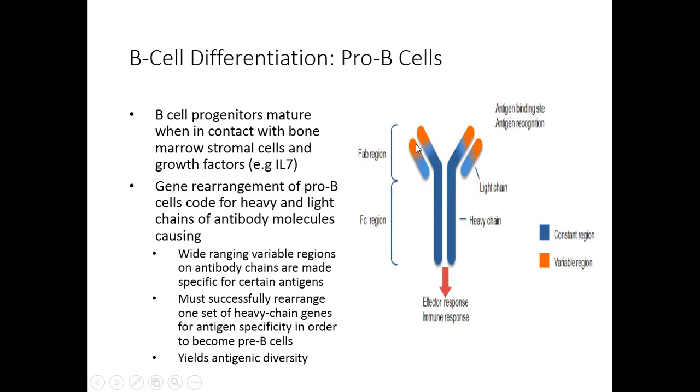So pro-B cells are really developing all different genetic rearrangements so that these ends, these little tips, these variable regions are different, so that no matter what antigen it comes in contact with, hopefully it's able to mount an immune response to it.